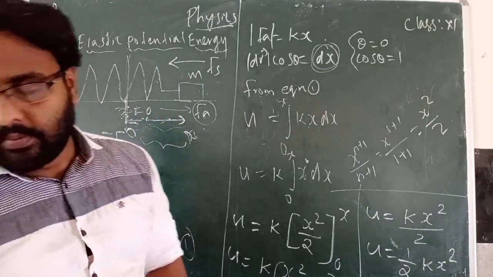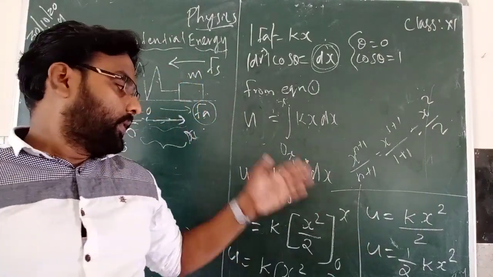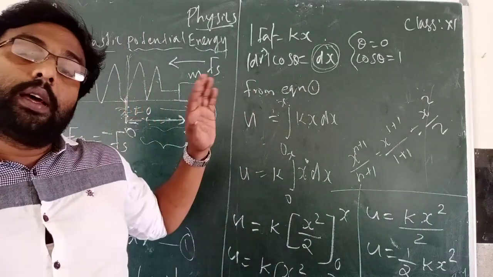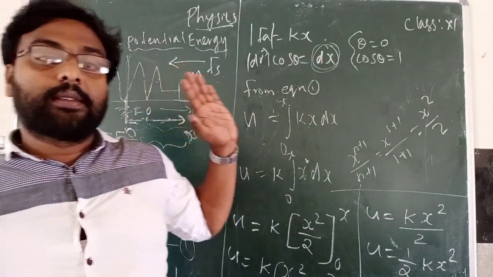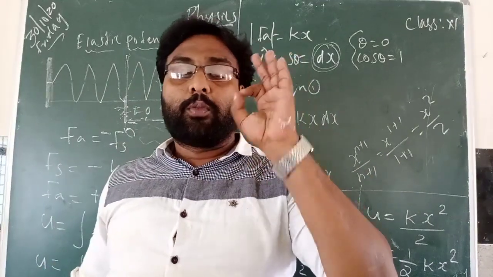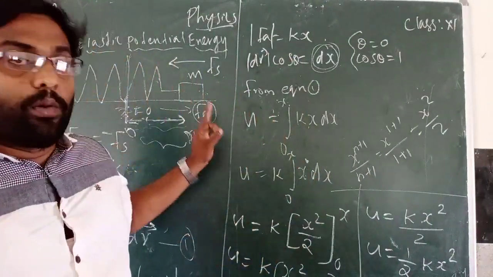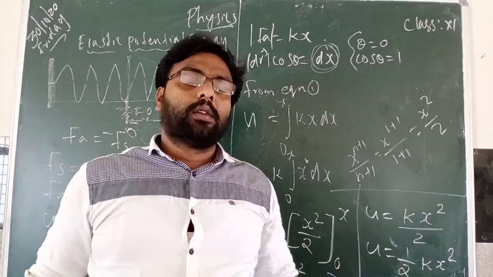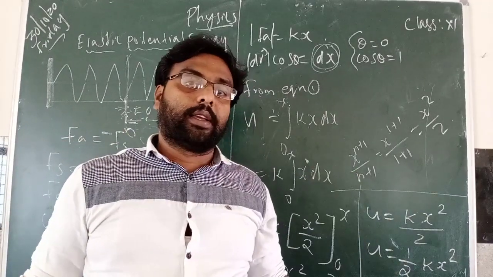This is the derivation for elastic potential energy. If the equilibrium position is 0 and the potential energy is 0, we can use this 1 by 2 kx square. Suppose potential energy is not 0.